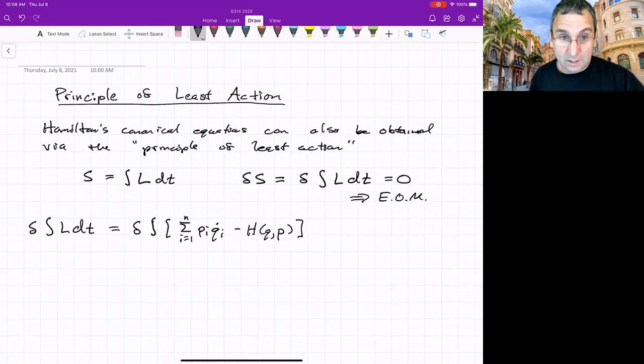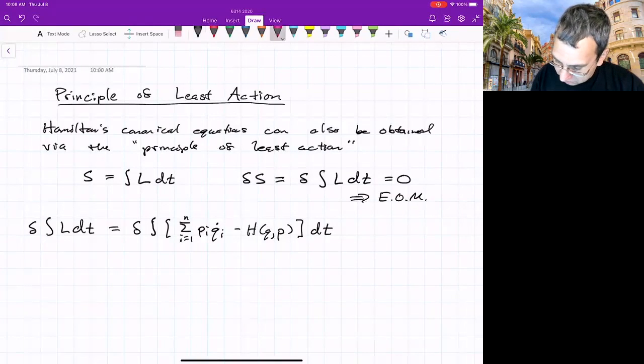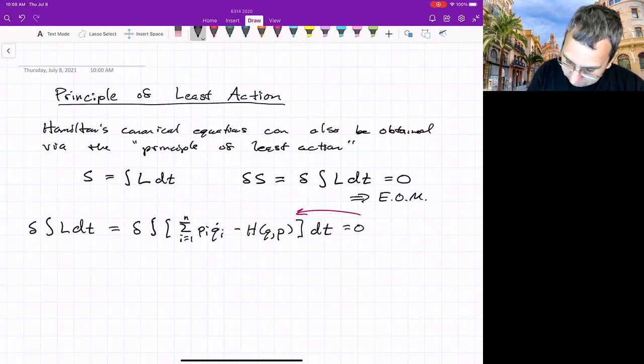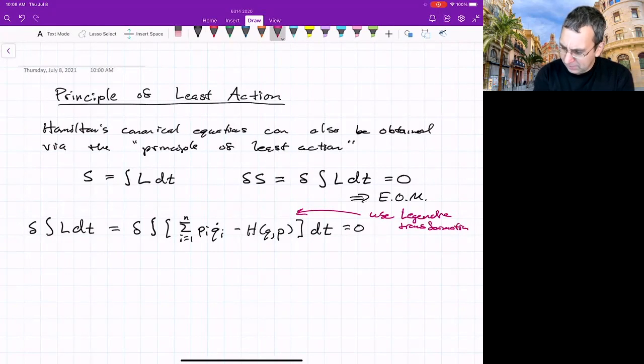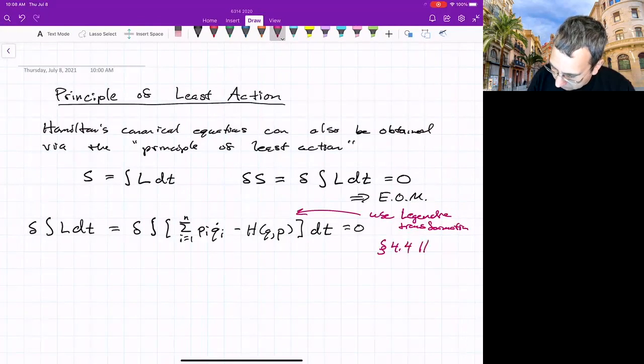This is writing L in terms of the Hamiltonian, using the reverse Legendre transformation, and then we set that equal to 0. This follows a really good section of the book A Student's Guide to Lagrangians and Hamiltonians, section 4.4 of Hamill.